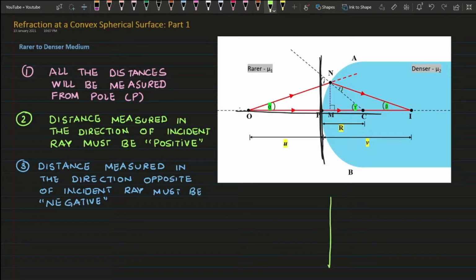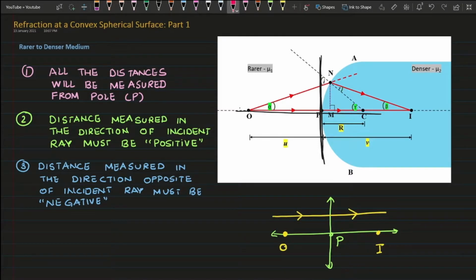So for example, this is my Cartesian system I have drawn, and this is my P point. All the distances are measured from P. For example, if my object is at this point O, and if my image is formed at this point I, and my ray is going in this direction, the direction of my incident ray is this.